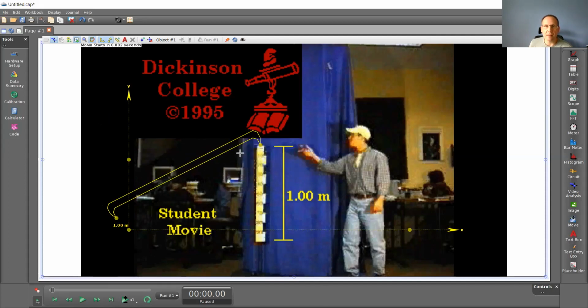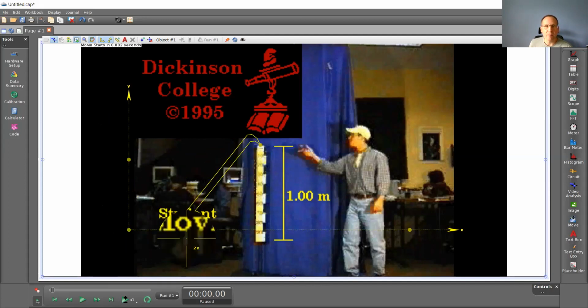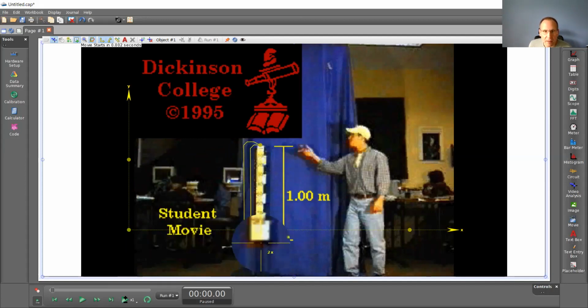We'll say right there. And then the bottom part and drag it to the bottom part of the meter stick. And then you input the length, but the default is 1 meter, so you can just leave it at 1 meter, and that's done. So now you've told the computer that that represents 1 meter, so however many pixels that is between it, it'll do the proper conversion.